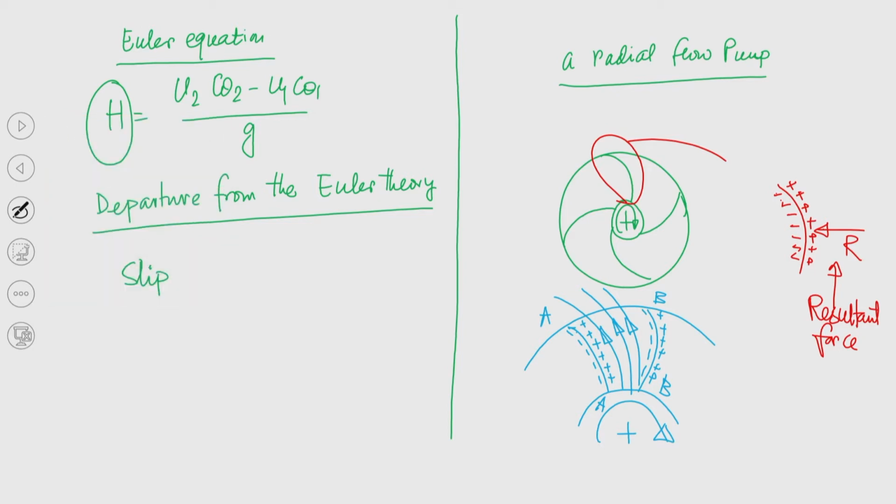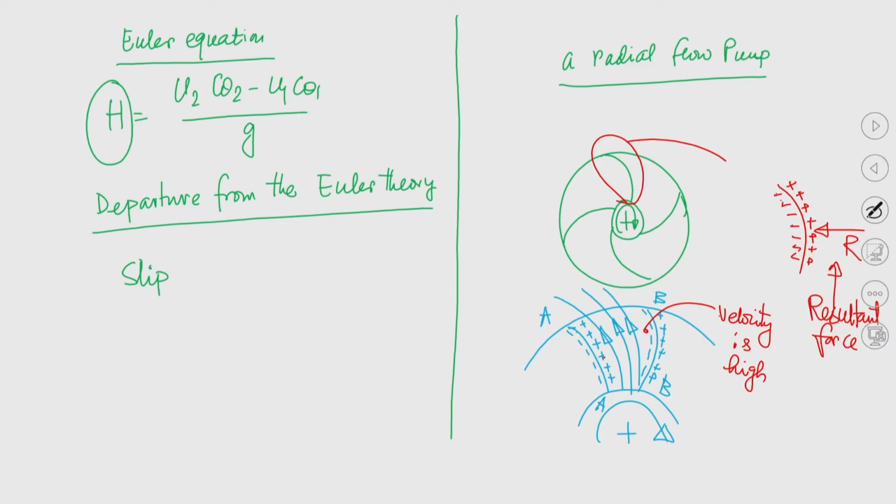So, here velocity is high and here velocity is less.